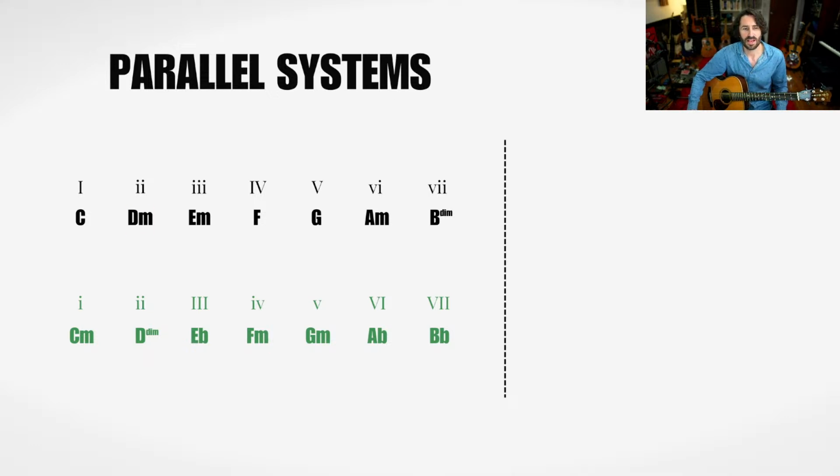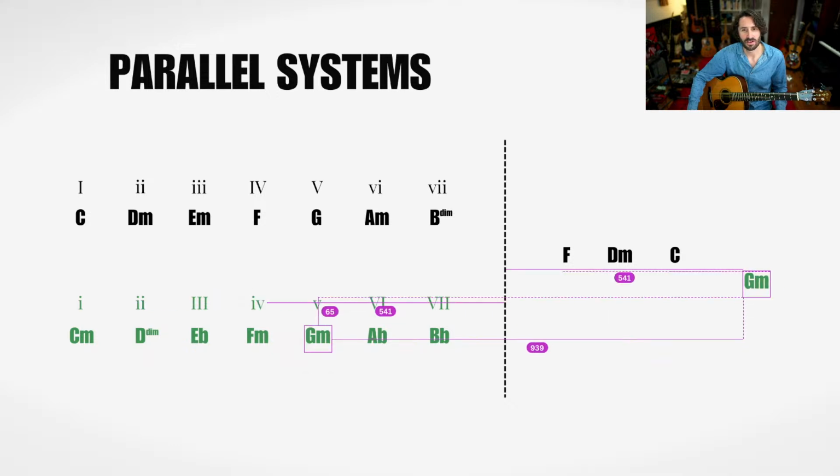And a good example of that is, let's start with an F chord. We'll start away from home. We'll go to a D minor, then we'll go to a C, and then we'll go to a G minor.